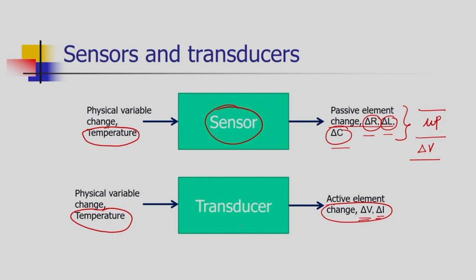To have a transducer, we need to integrate sensors plus the signal processing devices. Then we can get the transducers. So, we can call all the sensors are transducers, but all transducers are not sensors.